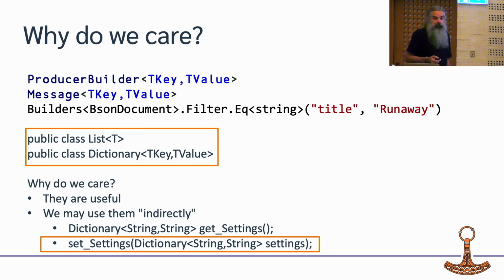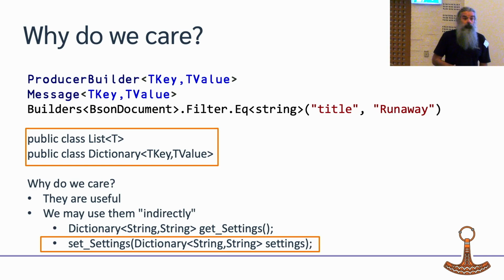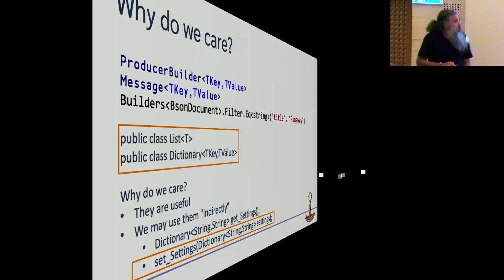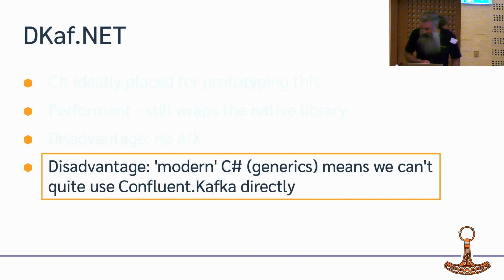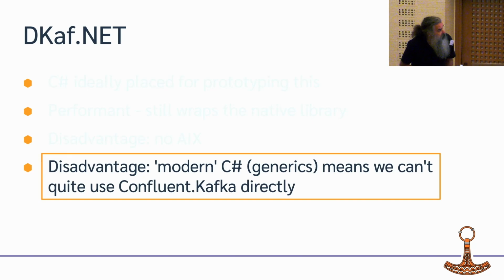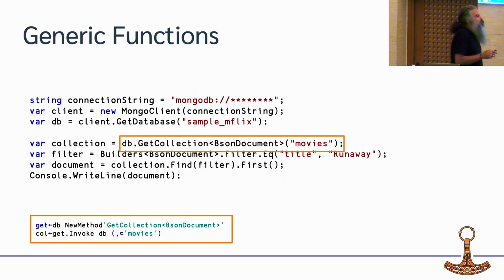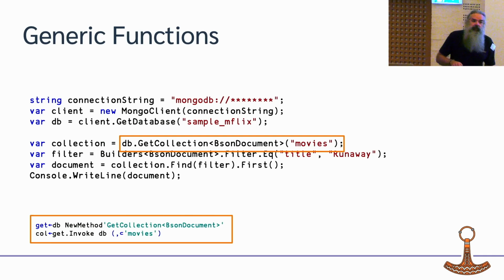Any .NET thing is entitled to say, I take some settings, but I'd like them as a dictionary of string, please. It's only fair that we should be able to create one of those. And at the moment, as Stefan said, that's difficult. We sort of can, but it's difficult.